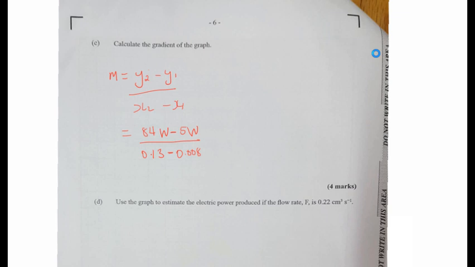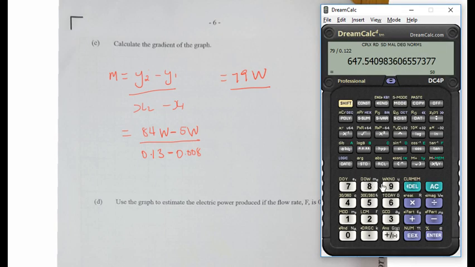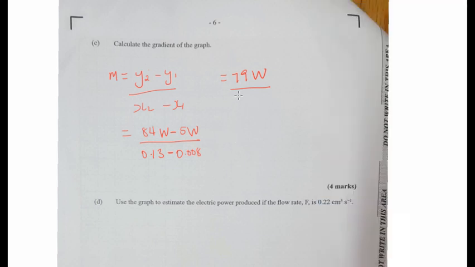Alright, so once we have this in place now, we can simplify the gradient. So we will say 84 watts minus 5 watts is 79 watts, right? And then 0.13, let me just use a calculator to do that. So 0.13 minus 0.008 equals 0.122, right?